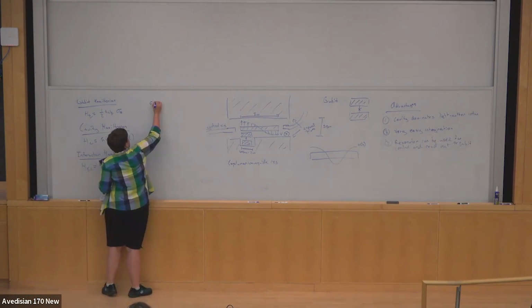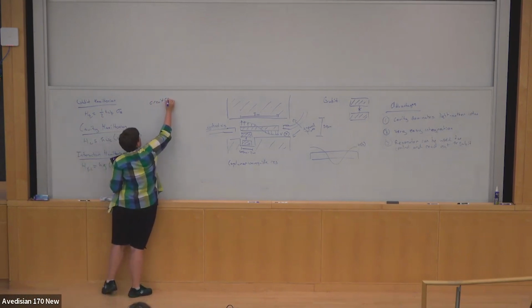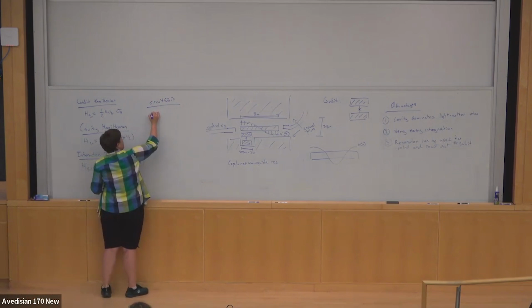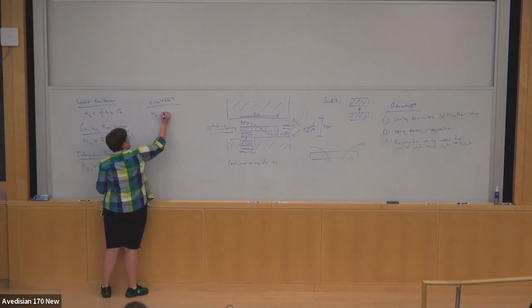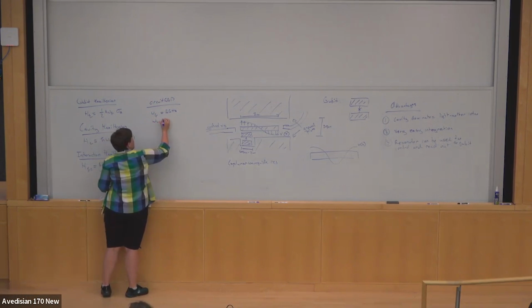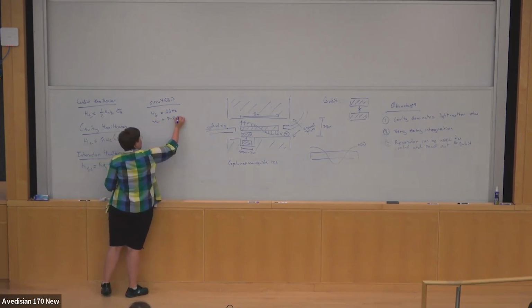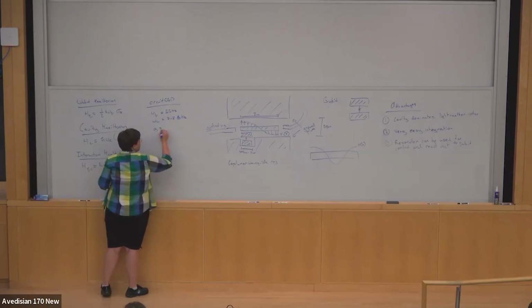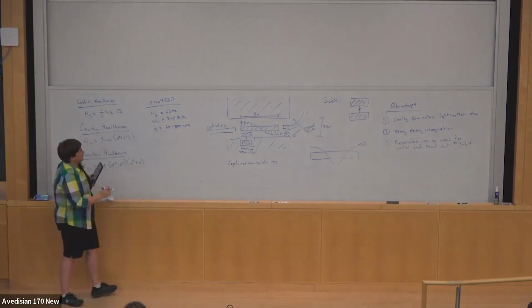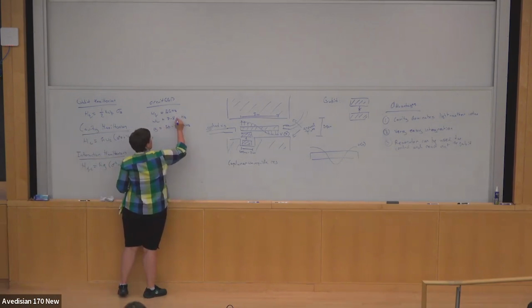And so if we're looking at circuit QED, then the typical energy scales that we're dealing with are ω_q of 5 gigahertz, ω_c of 7 to 8 gigahertz, and g of 50 to 300 megahertz. So that's the circuit regime.